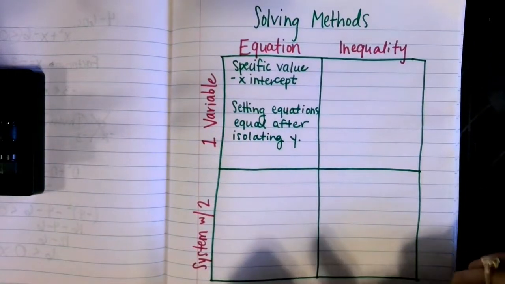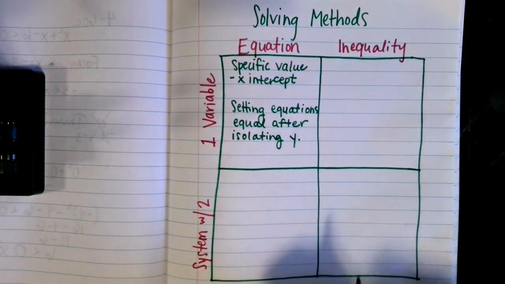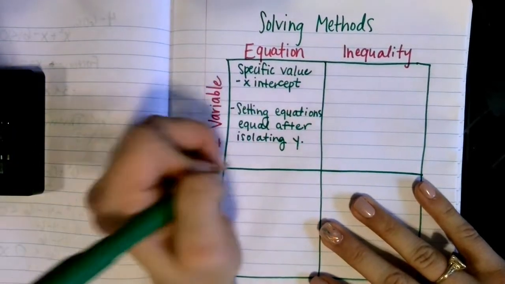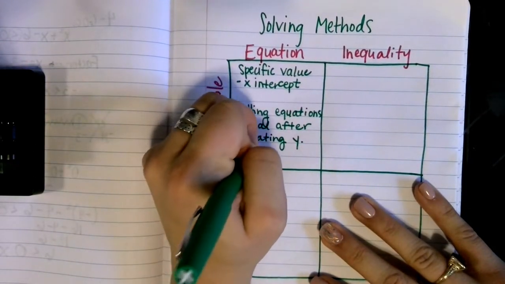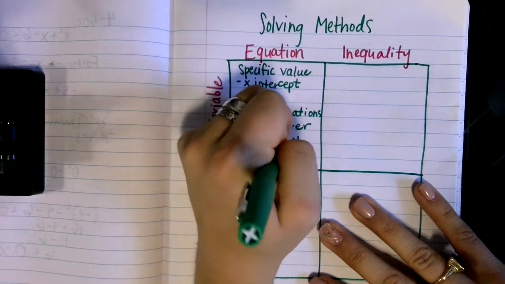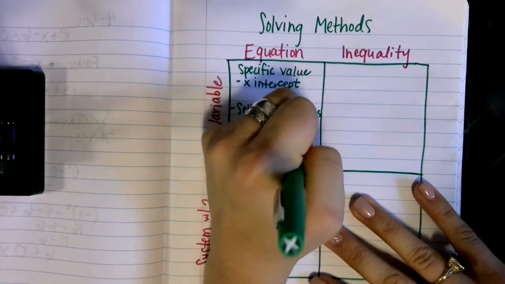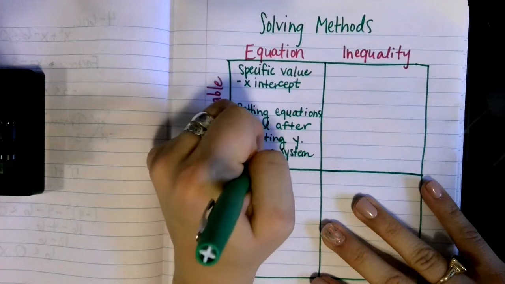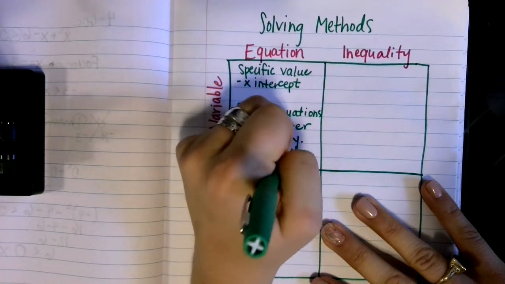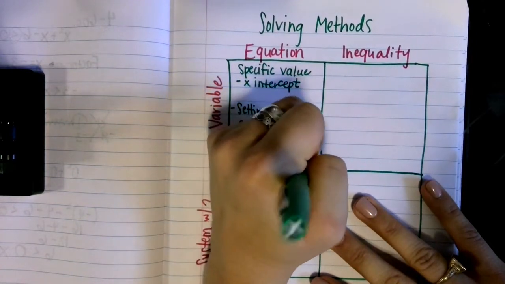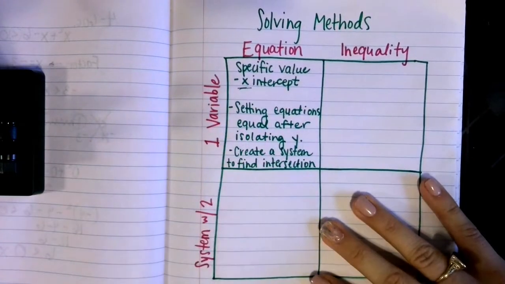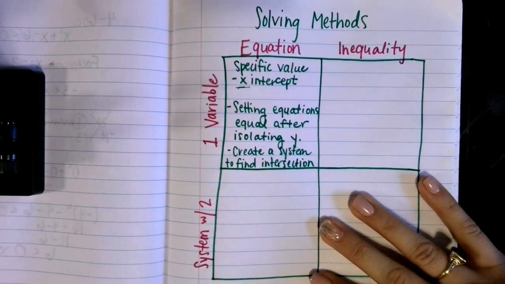We also can set each side equal to y and create a system and find the intersection points. And again, we just care about our x value. So it's just one specific value.